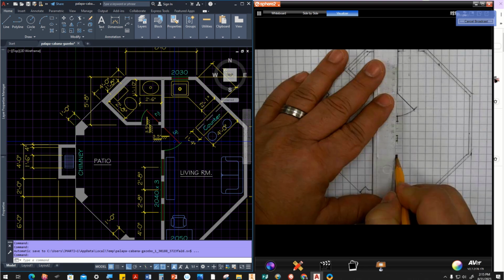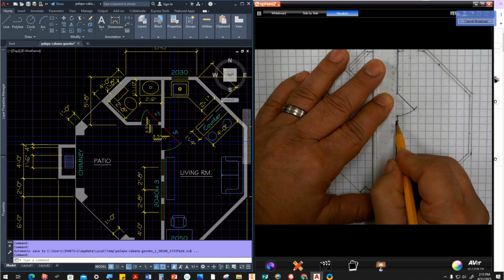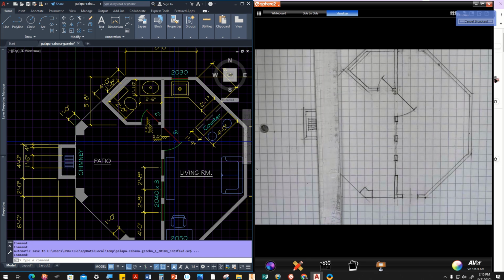That represents the window pane or the window glass. Pane like P-A-N-E, not P-A-I-N. It hurts to draw this much. That will be painful. But window pane, P-A-N-E.